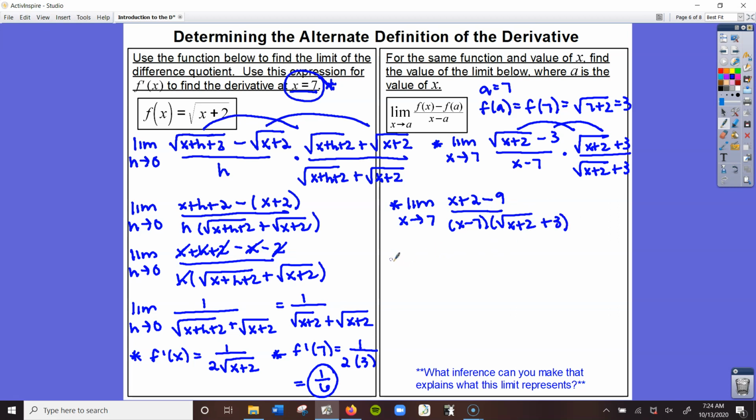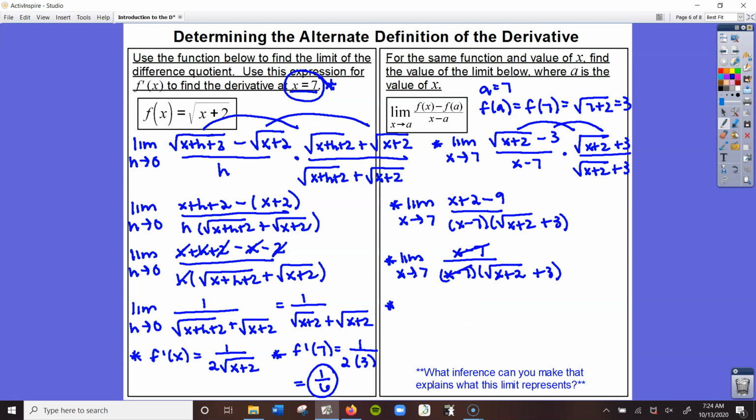In the numerator, if you simplify this, x plus 2 minus 9 is x minus 7, all over x minus 7 times the square root of x plus 2 plus 3. These x minus 7's cancel out.